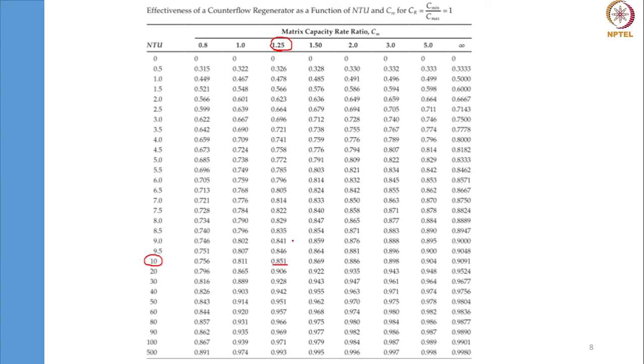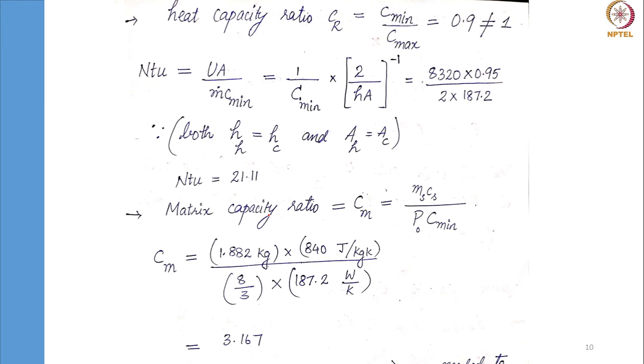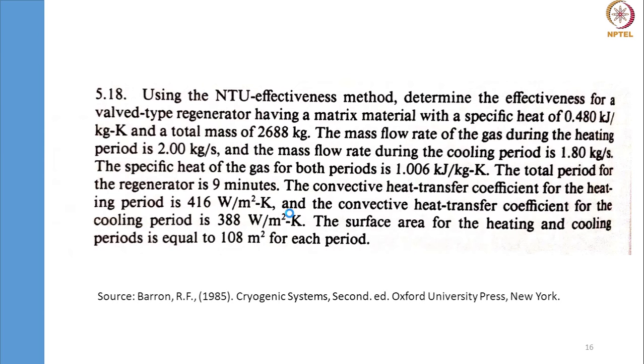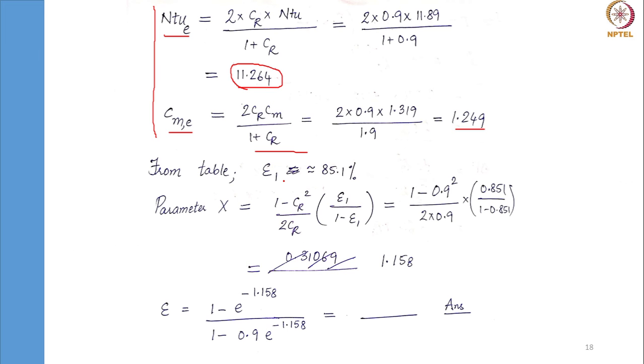It is not an exact one. To find an exact one, we need to interpolate between the values. As I just wanted to show you the procedure, I have taken an effectiveness of 85.1 corresponding to an NTU of 10 and 1.25.